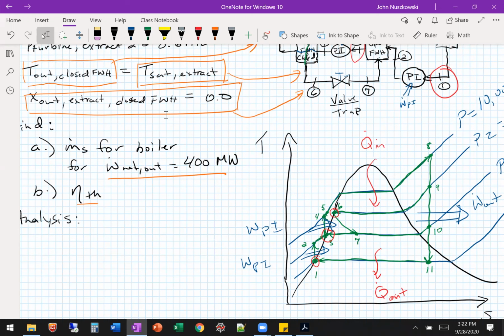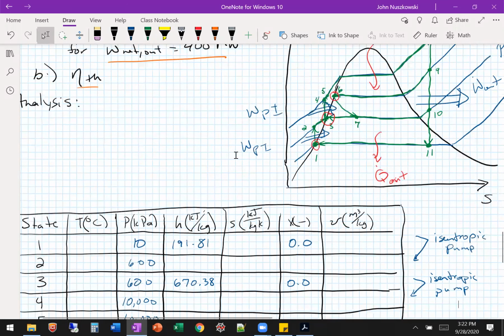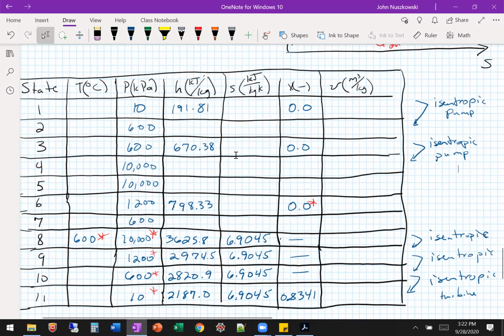The valve or the trap? Or from your last exam? H is constant? Yes, H is constant, so it's isenthalpic.